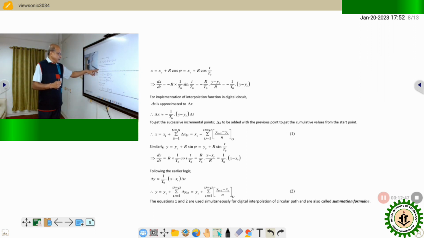If for one incremental pulse the corresponding time element is say delta t dash, and since t0 is a much longer time duration, it can be considered an integer multiple of this delta t dash.